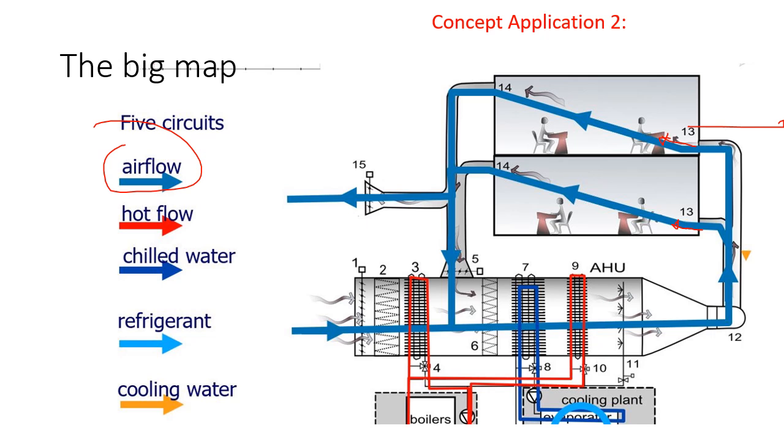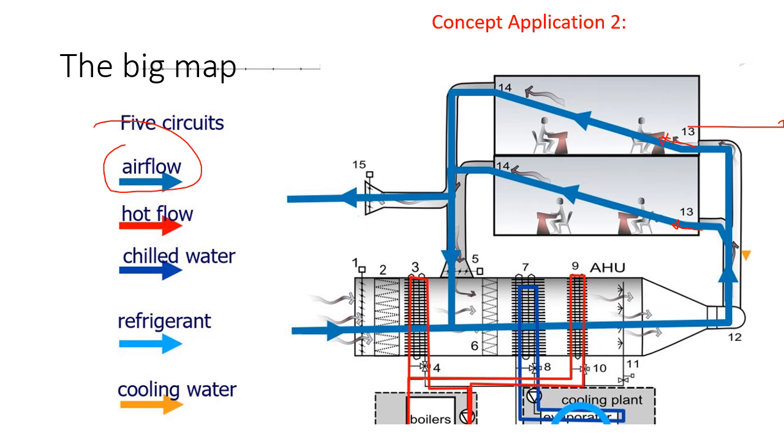And similarly to another room, it comes in at a warmer temperature and drops to the room temperature to compensate for heat loss to the outdoor. So you can see this is the big map for the air circle, the airflow.